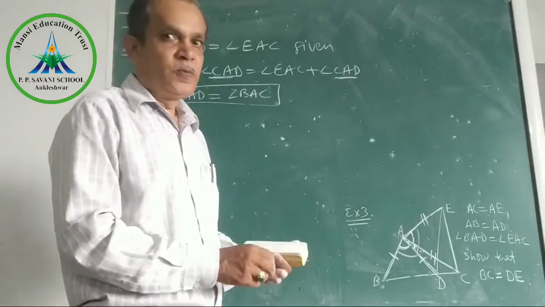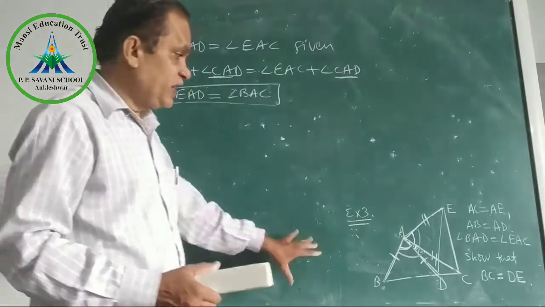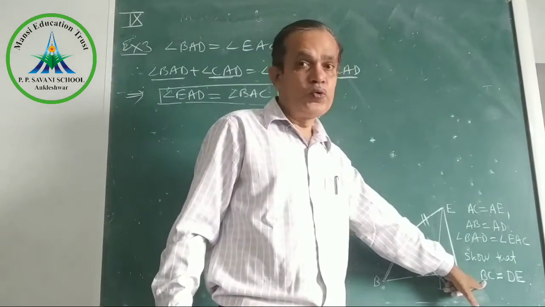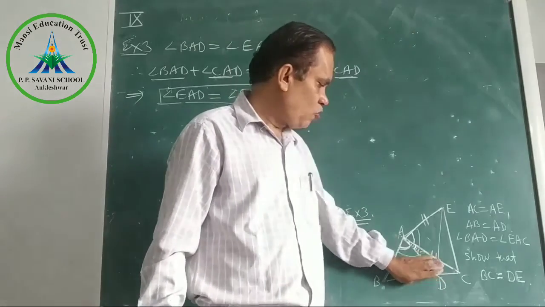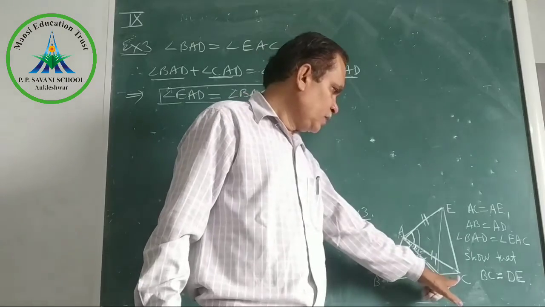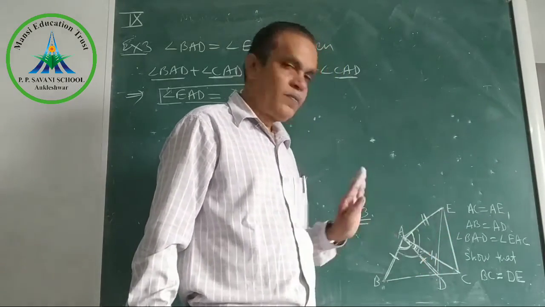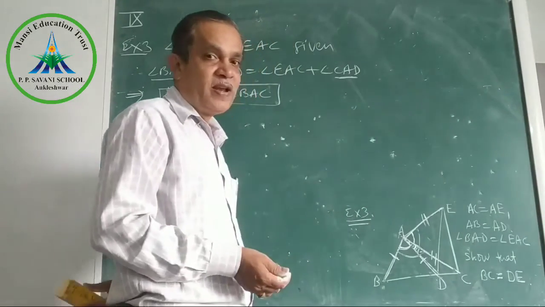Got it? So for that only we had to do this one. We should understand what is asked, what is the question. For this question, what should I prove? I have to prove triangle BAC congruent triangle DAE. Then I will be able to prove. Now you got it. Can you tell me which rule is valid here?